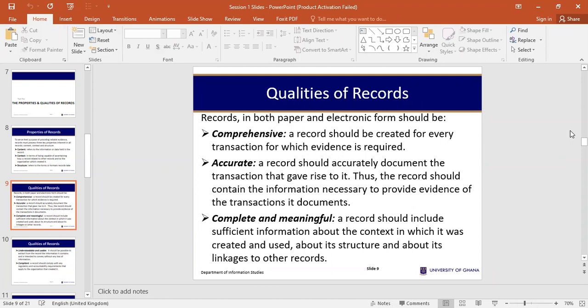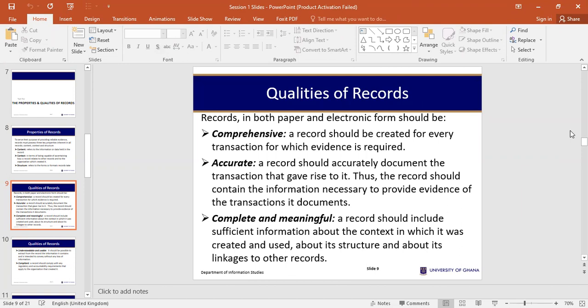And as we have already seen from the beginning, a record can come in the form of audio recording. The films you watch, these are all records. The music you listen to, these are all records. The photographs you see or you take, these are all records. What you write, the newspapers and the rest, these are all records.